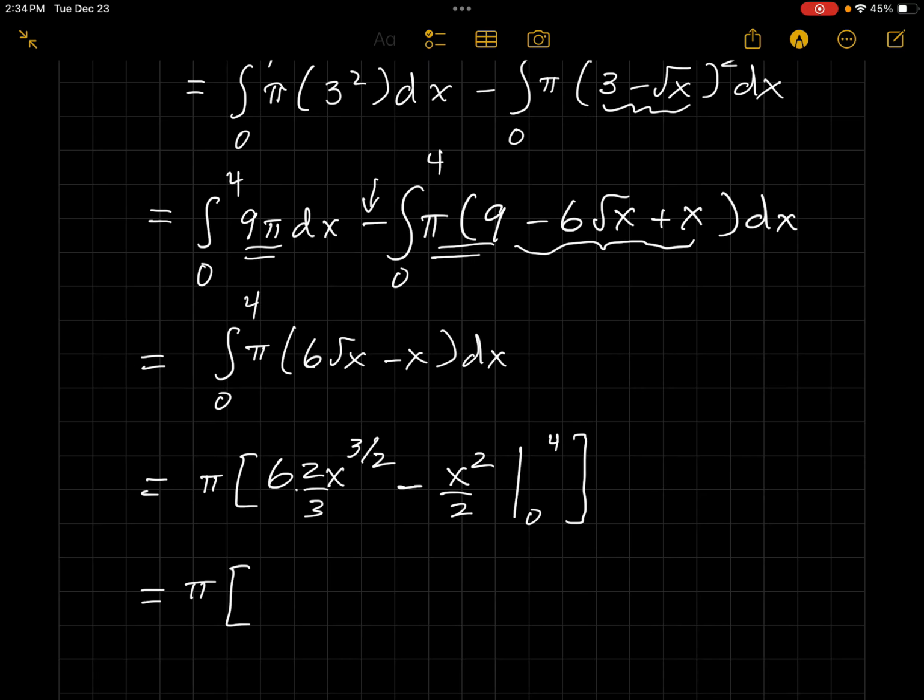We will plug in the top limit, so I have 12/3. I certainly could have simplified that. And then 4 to the 3/2. Once again, we get 8. And then minus 4 squared over 2. Plug in the bottom limit, which I really don't need to because it's 0. And then we can simplify.